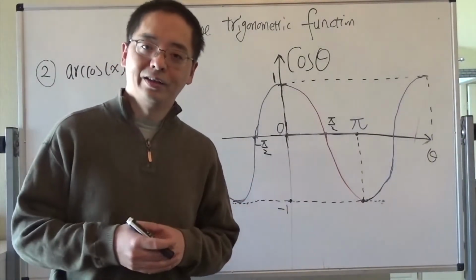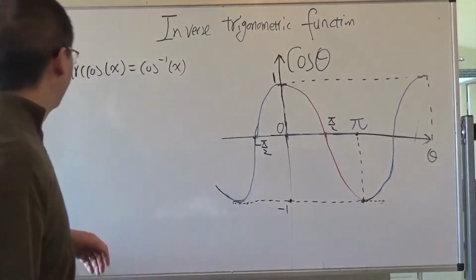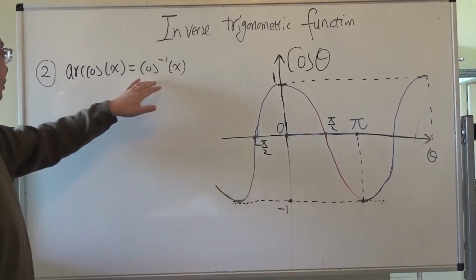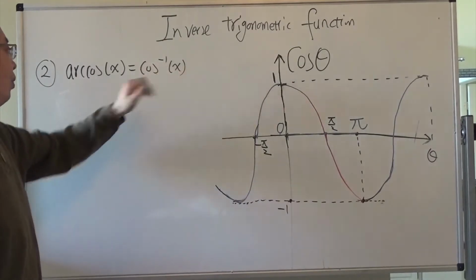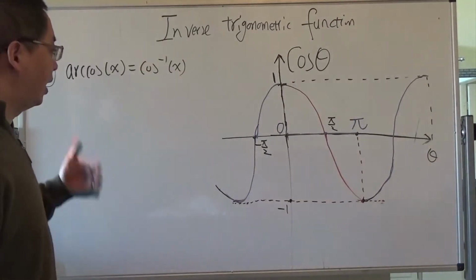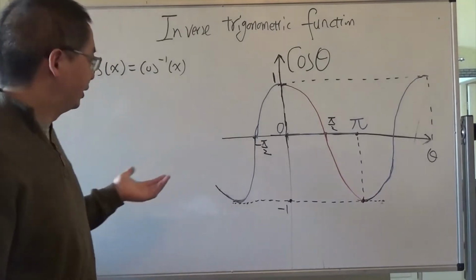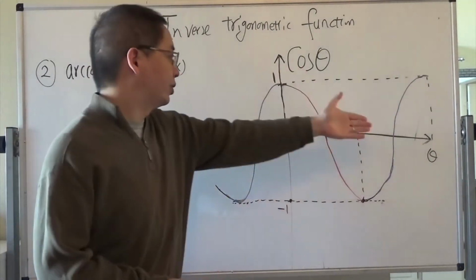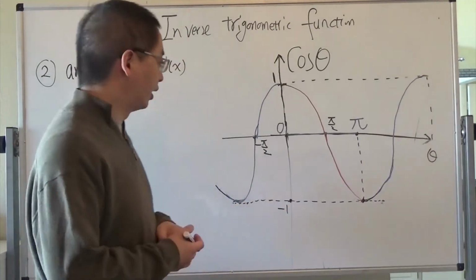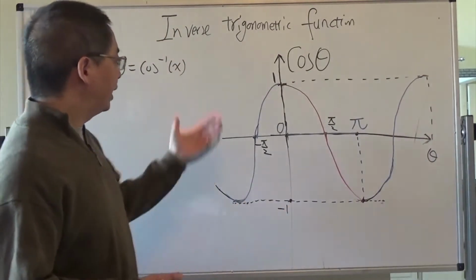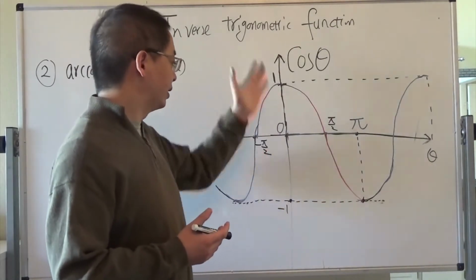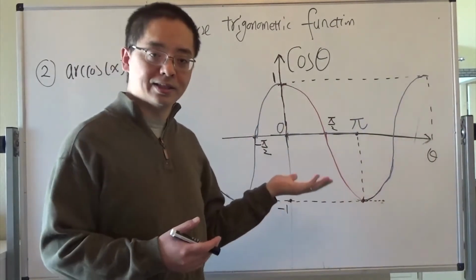Similarly, we can define the inverse of the cosine function, which is usually written as arccosine x. Sometimes it's cosine^-1 x. Let's see how it is defined. If you recall the graph of the cosine function, again here I use theta to avoid confusion. As a whole, the cosine function is an even function, symmetric with respect to the y-axis.